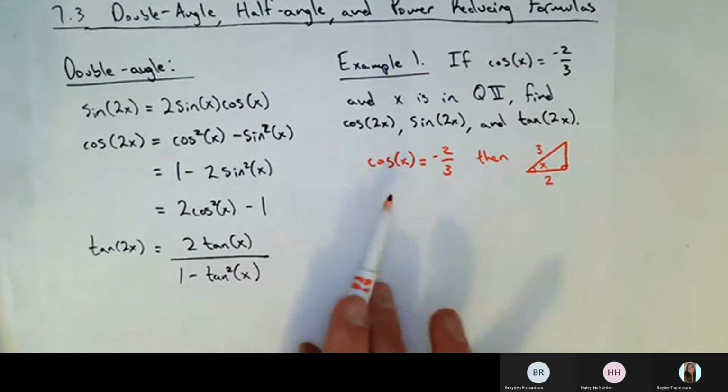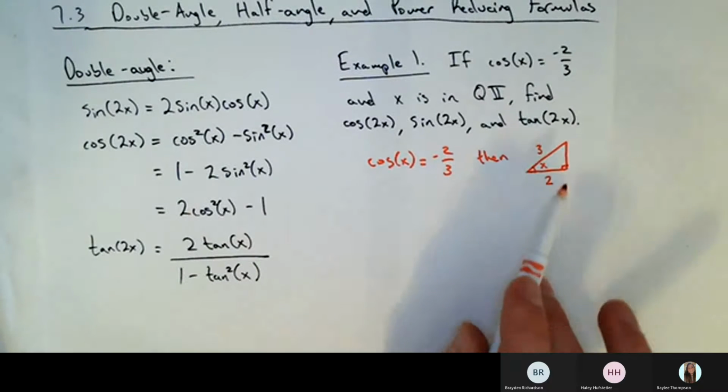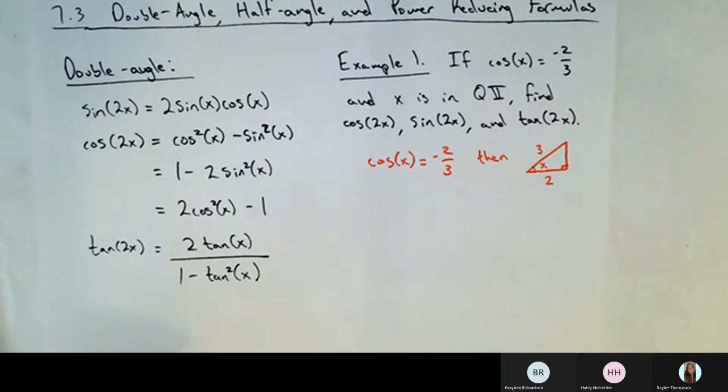Cosine of the angle x gives me 2/3, adjacent over hypotenuse. That's how I'm coming up with that. And I'm not really worrying about the sign, right? I'll worry about the sign afterwards.